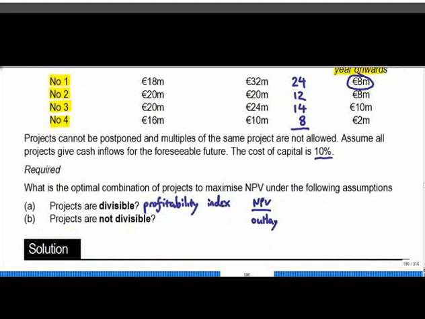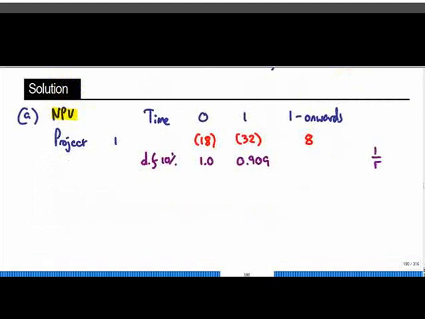To use this, first of all, we have to calculate the NPV of the 4 projects. I'll show this for project number 1, but for the other projects it's exactly the same calculations. Looking at project 1, the cash flows are given in the question, and we're going to discount them at 10%.